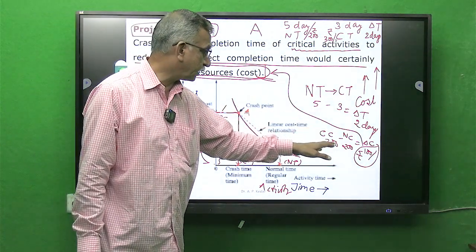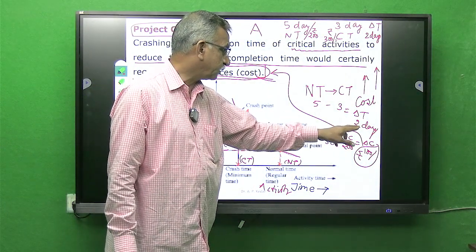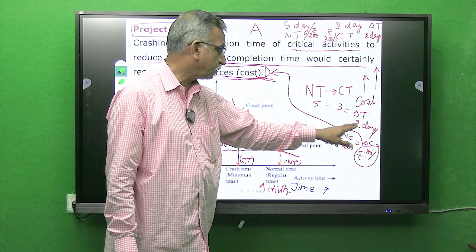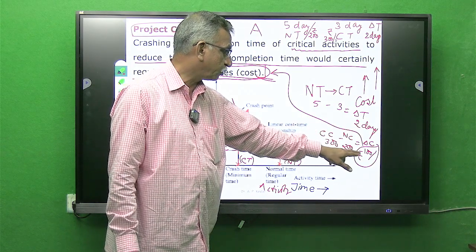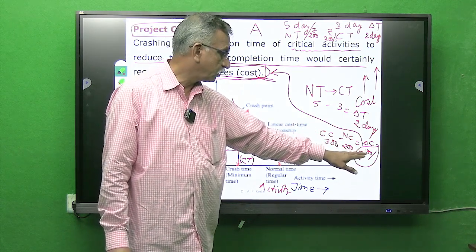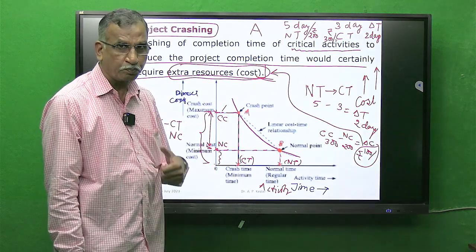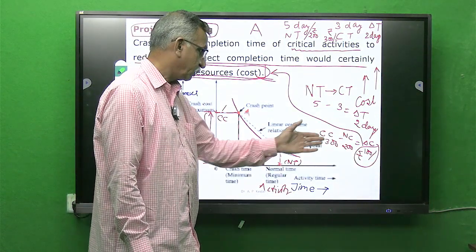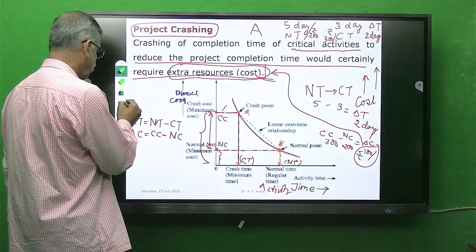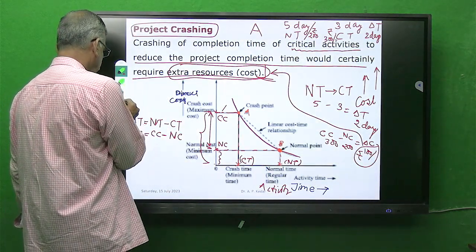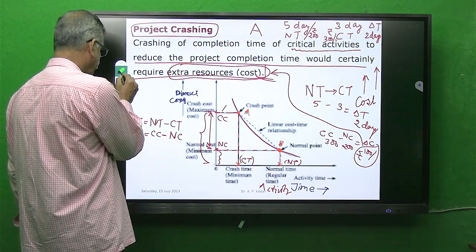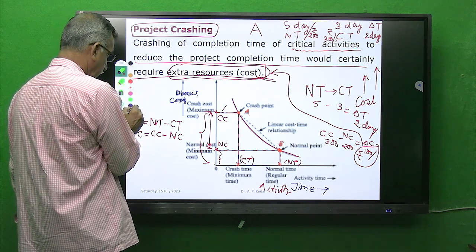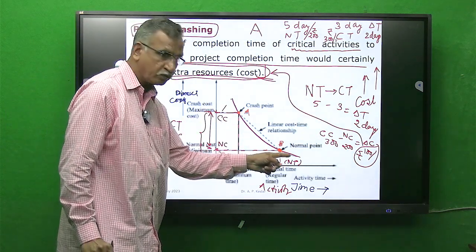Here we have seen that by crashing this activity by 2 days, our total cost incurred was 100 rupees. To find the per day cost, note that what we are getting is a curve.